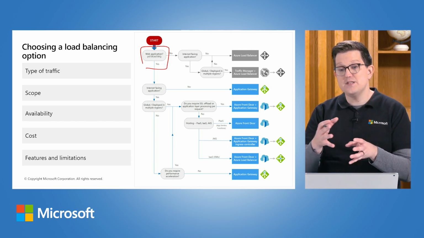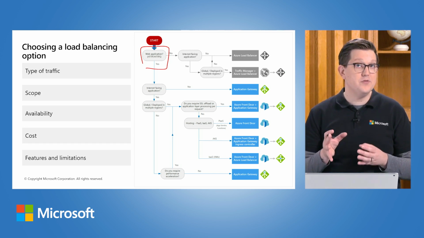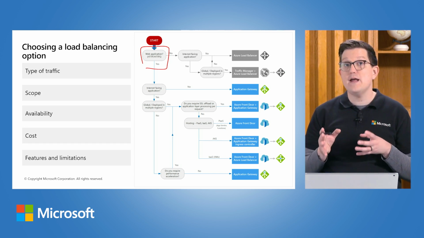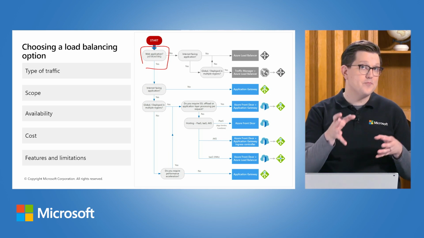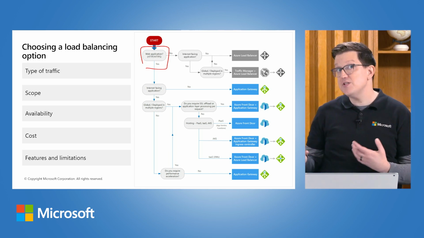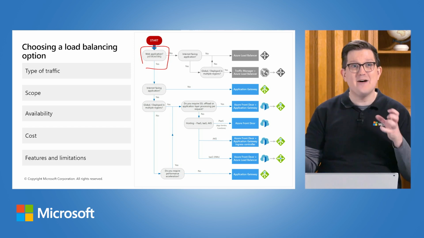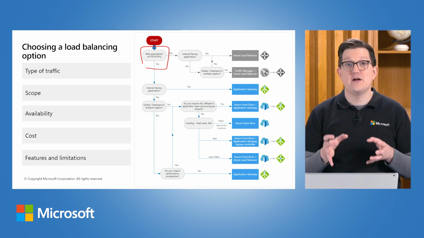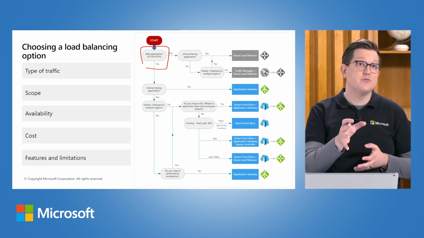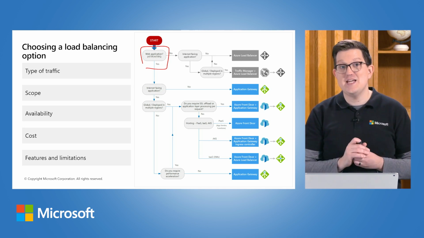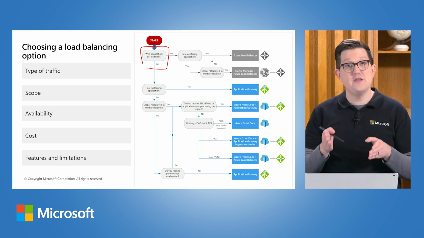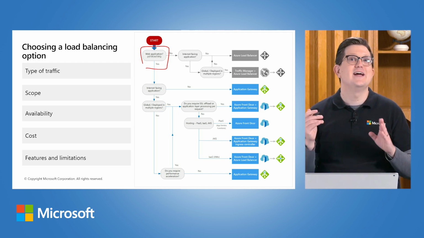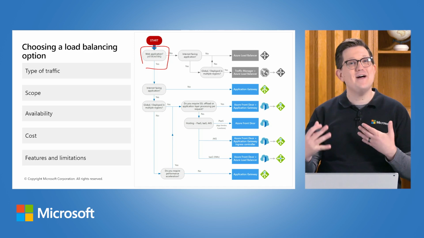So follow the decision tree down and you will find all of the solutions have some combination of Front Door, App Gateway, potentially some other load balancers in some way, shape or form. Between the different load balancers that are available, you will be able to find the right solution for you within the Azure ecosystem. So follow the decision tree, make your choice, and you'll be able to find something that works well.